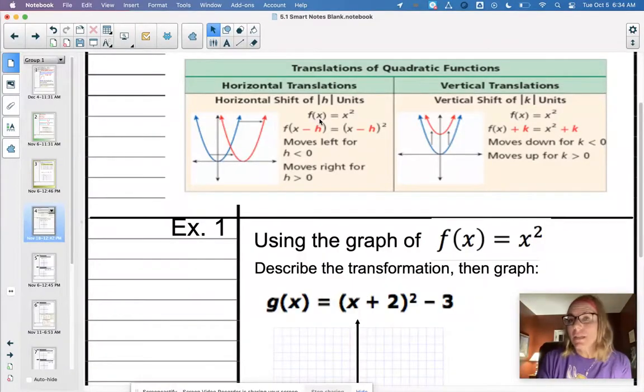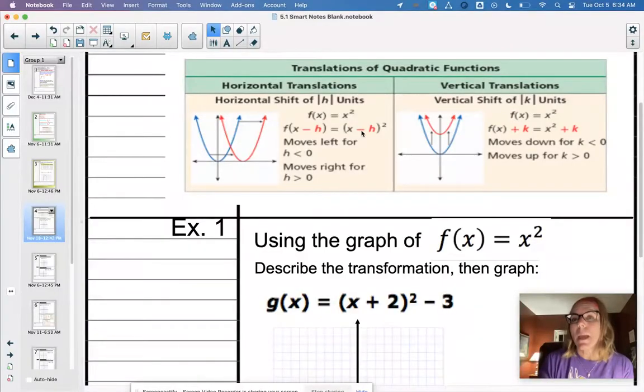So if the parent function is f of x equals x squared, I always say if something is happening inside the parenthesis, that means we're moving left or right. I also always say what's happening in the parenthesis is opposite of what you think.